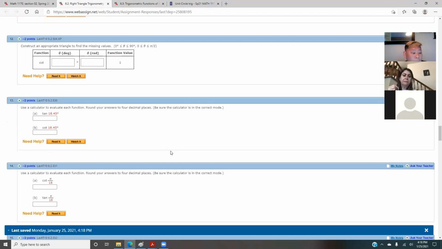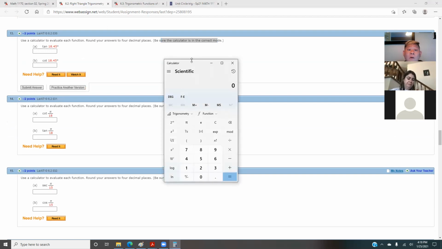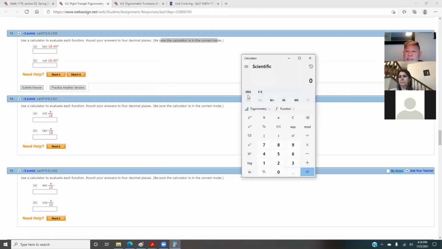Okay. 14. This one you need to use your calculator. Don't forget, you need to know the difference between degrees and radians. If you look at here, be sure your calculator is in the correct mode. So if you have your calculator, take it out now, because if you see the DEG here, it means you are in degree mode.